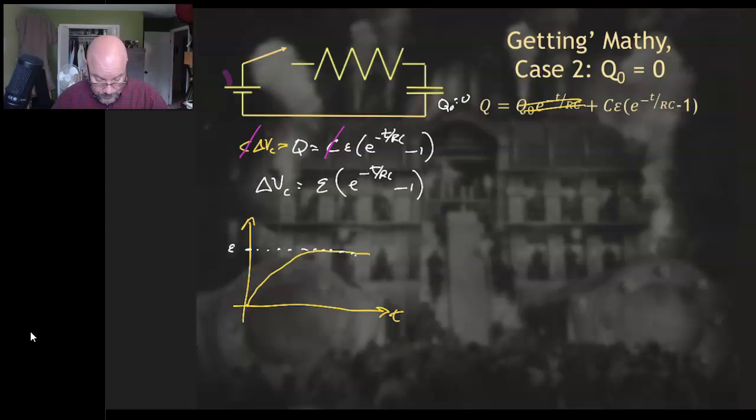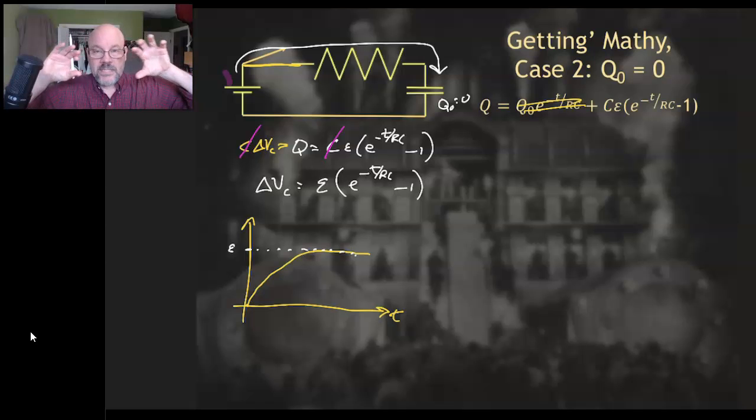Now in addition to voltage, just like in the last case, we need some kind of way of talking about the current that's going to flow. Now when we first close our switch, current begins to flow here. And remember, this is like a pipe with the little bulgy ends.